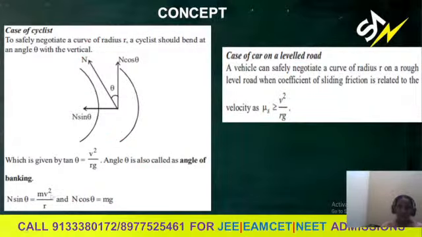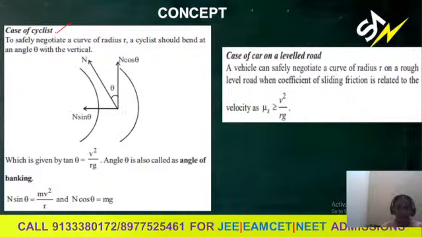Now, let us see the car moving on a level road, on a banked road. This comes under the case of circular motion. So the case of a cyclist. Here we are given the free body diagram. The cyclist is moving in a circle.